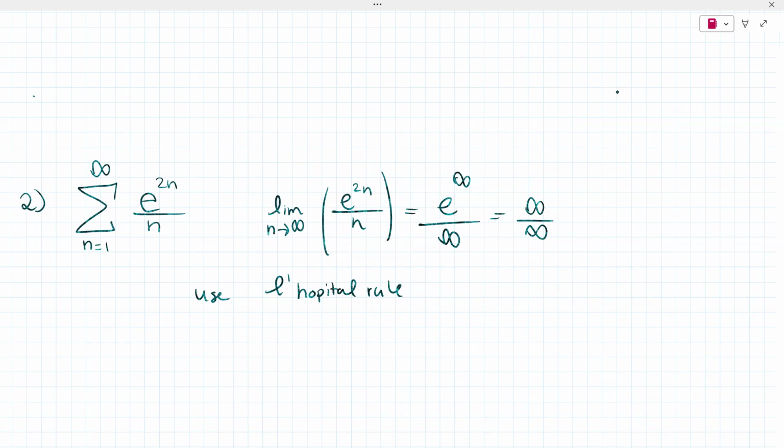So let's do that. It's going to be the limit as n approaches infinity. And what is the derivative of e to the 2n? Well, that is e to the 2n times the derivative of the power, and the derivative of 2n is 2. So that is going to be 2e to the 2n.